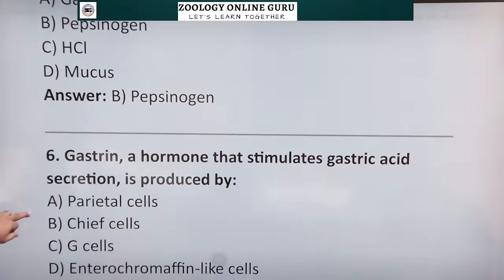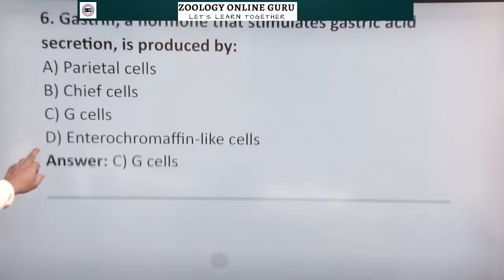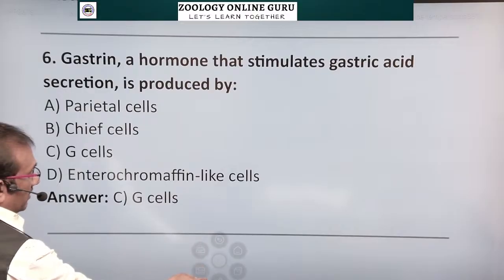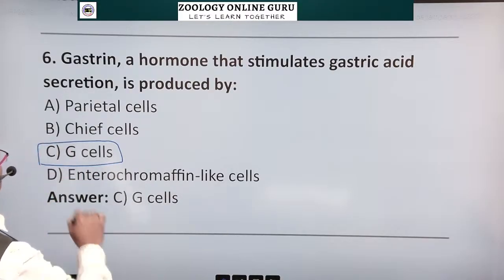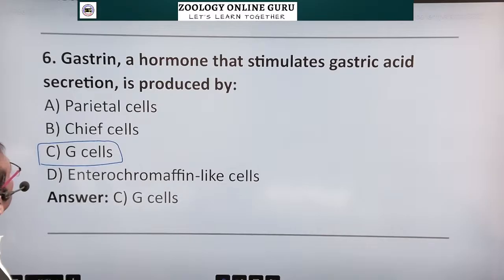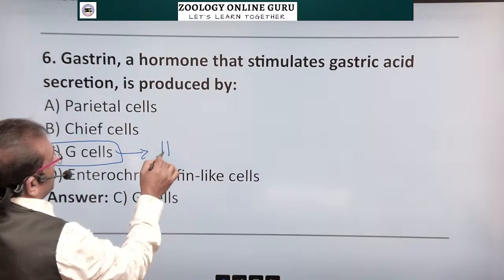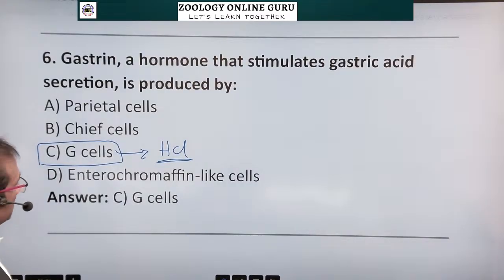D is the enterochromaffin-like cells, but here G for gastrin, G cells. So gastrin is a hormone secreted by the G cells of the stomach. This gastrin hormone is responsible for releasing hydrochloric acid from the oxyntic cells.